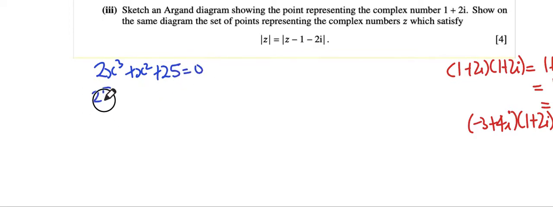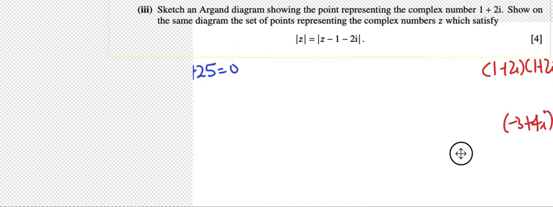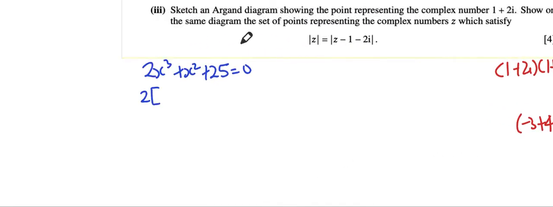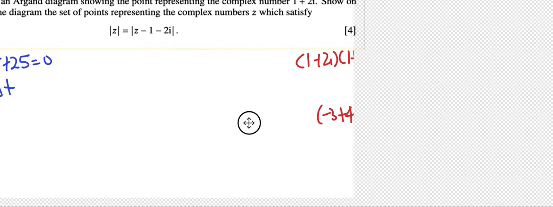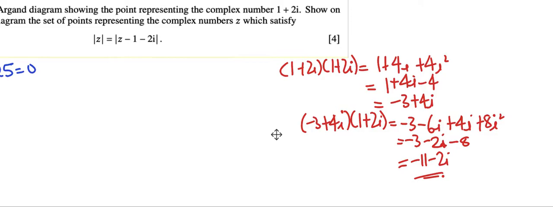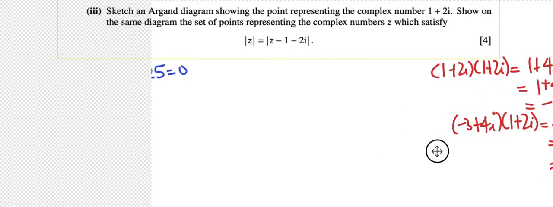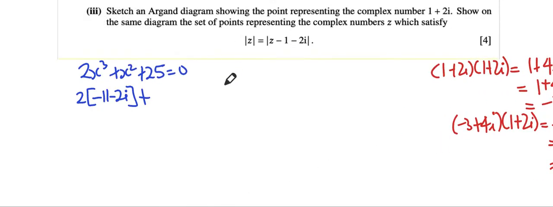So 2 bracket x cubed, which is negative 11 minus 2i, plus x squared, which is negative 3 plus 4i, plus 25 equals 0. Okay, let's expand this.